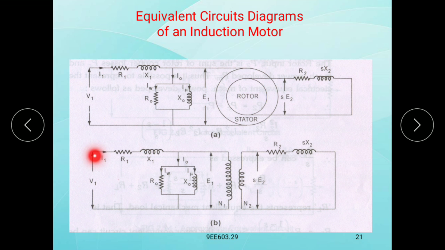V1, I1, R1, X1, R0, X0, Iw, Imu, I0. Here the stator has number of turns N1 and the induced EMF is E1. Here the rotor side induced EMF is E2, the number of turns is N2, the resistance is R2, and the reactance is sX2.